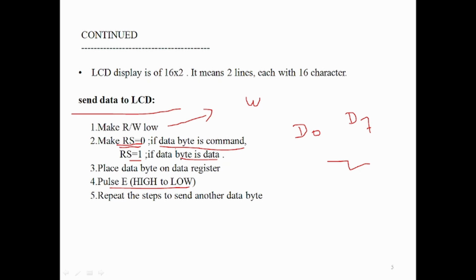Then after configuration, after writing your required commands, make RS equal to 1 and then send data, whatever message you want to send. Suppose you want to display hello, then first send the ASCII value of h, then e, then l, and o. So this is how you can get your required message on the LCD, right?